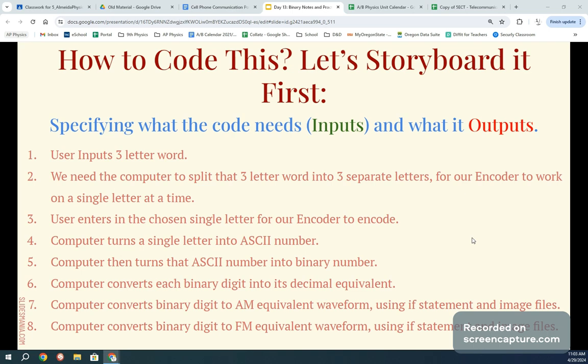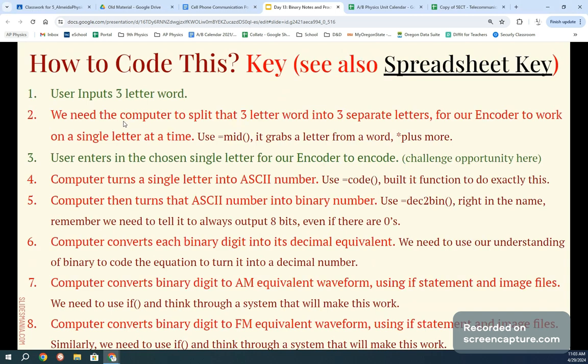But also we are looking at the single letter, right? When we are choosing what letter to encode at a time. And then we're going to have lots of different outputs, and we'll kind of see where some of the functions fit in with those outputs. So here, our inputs are highlighted in green.